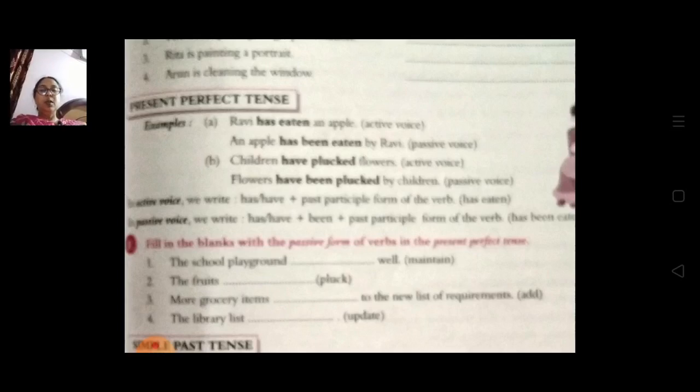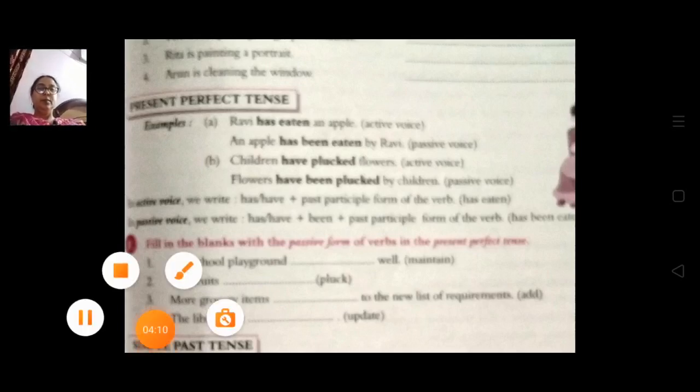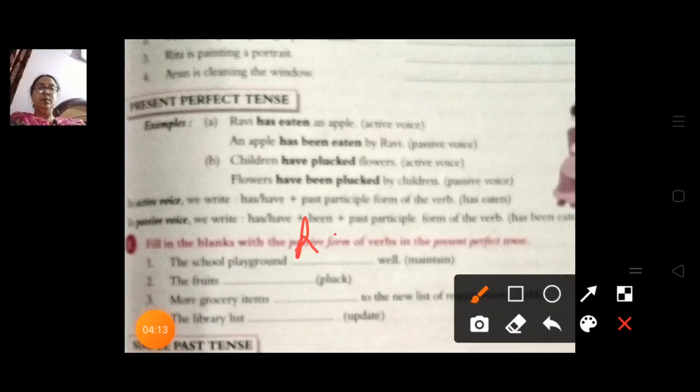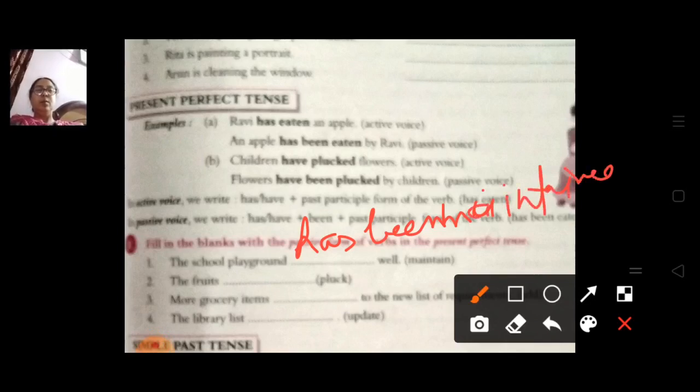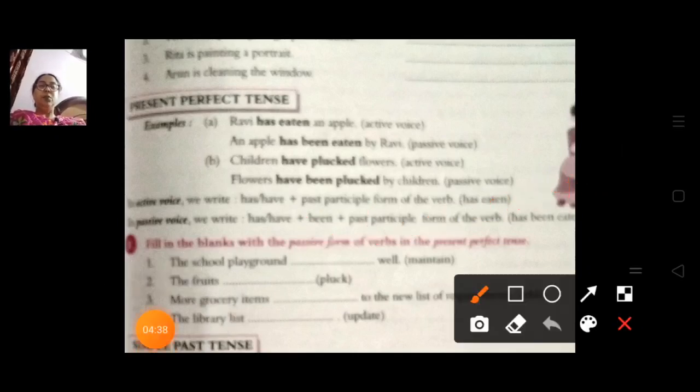The school playground has been maintained well. So complete it.